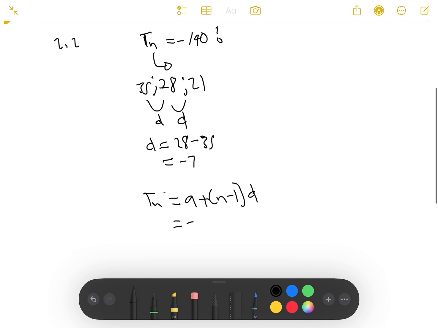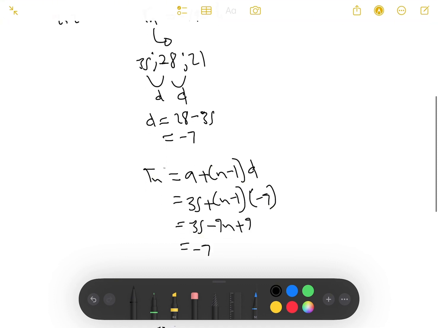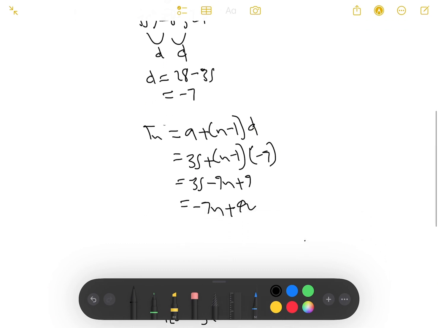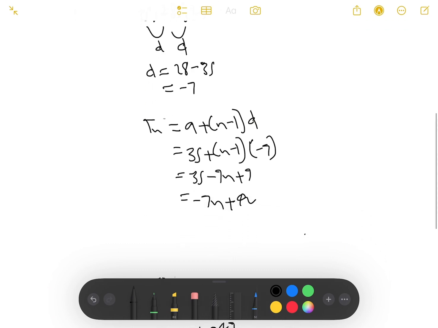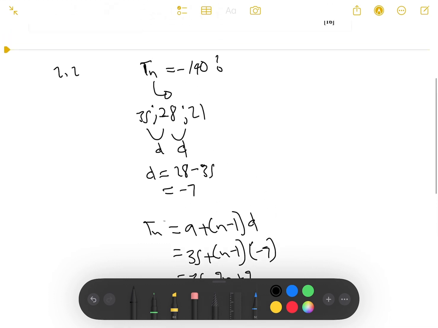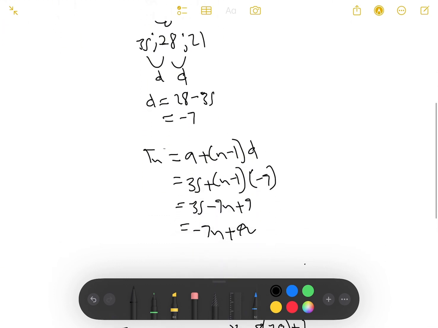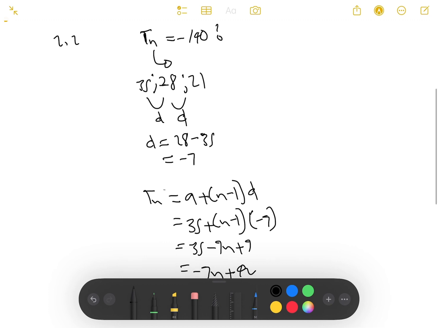The first term is 35, so 35 plus (n minus 1) times negative 7. Here we have 35 minus 7n plus 7. This gives us negative 7n plus 42. You may substitute the first term just to verify that the formula is correct. But the question was asking which Tn is negative 140.